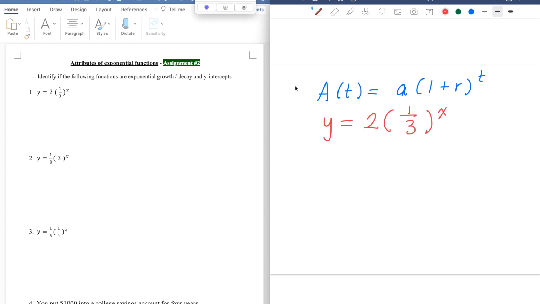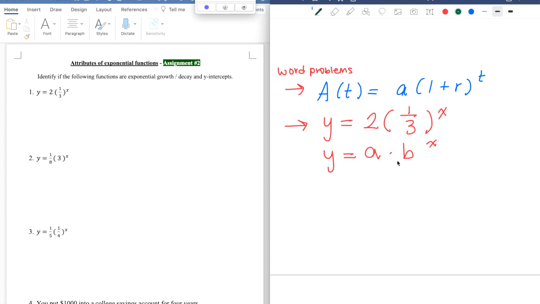Okay, this one I want you to use for word problems. Okay, this one I want you to use just the y equals a times b to the power of x. All right, so just like the notes.